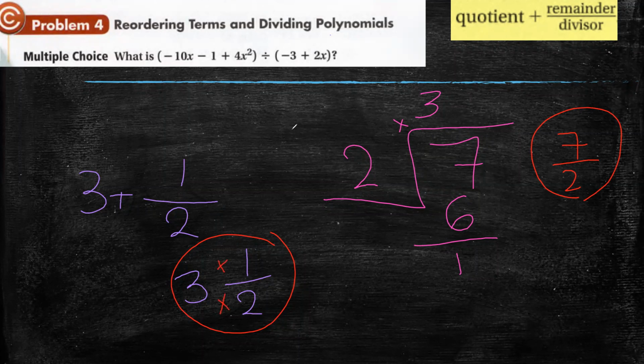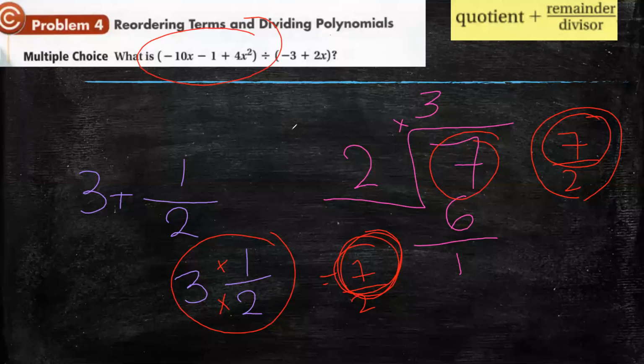So 2 times 3 is 6 plus 1, 7 over the same denominator, which is 2. So this 7 is the same number I divide by. When I multiply 2x minus 2 with 2x minus 3 and add the remainder, I will get this number, negative 10x plus 1 minus 4x squared.